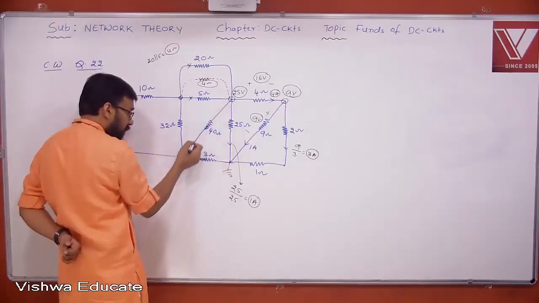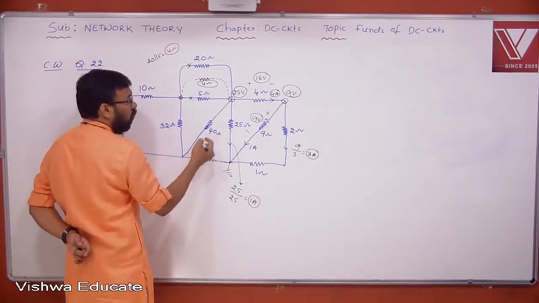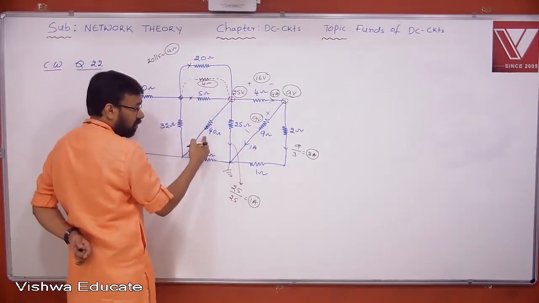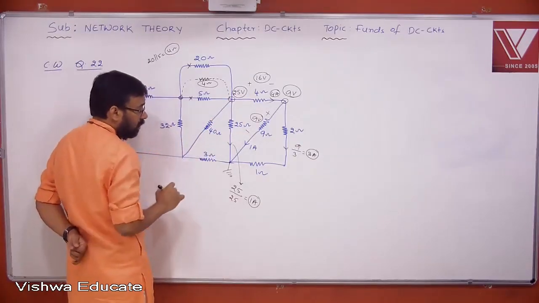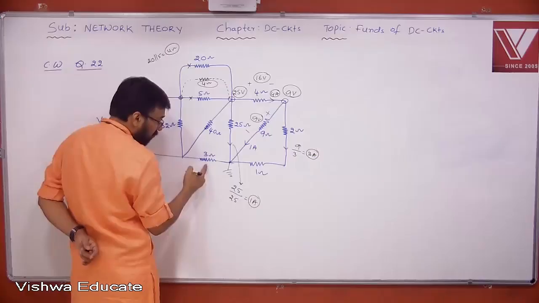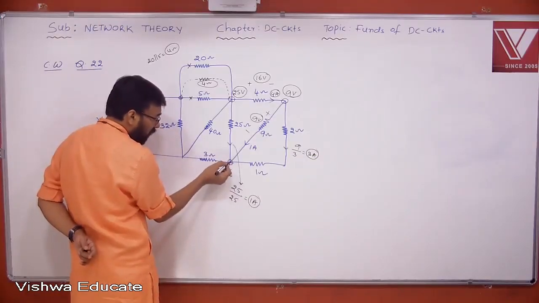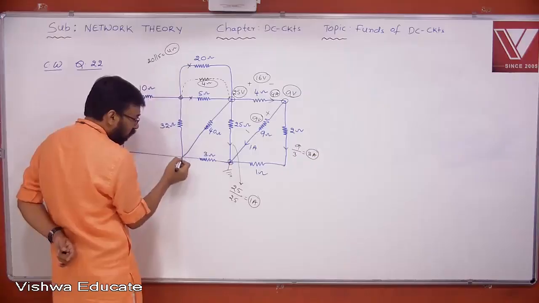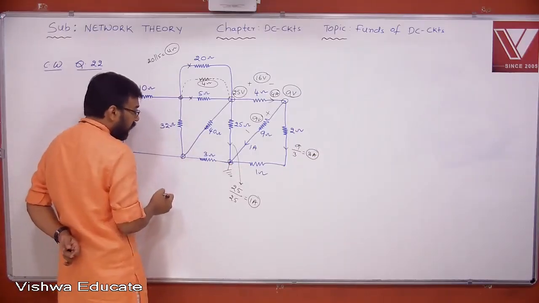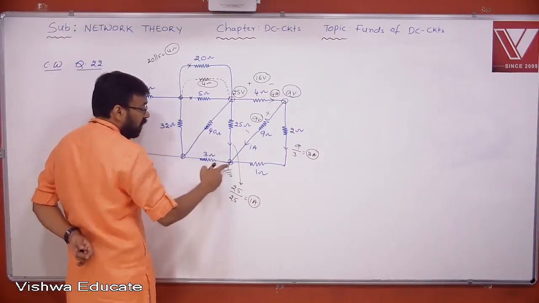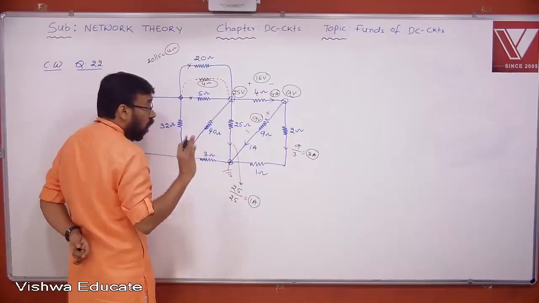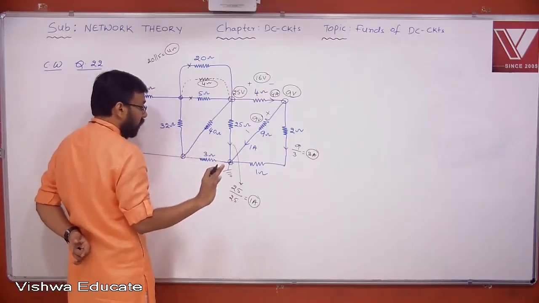And I must know the current here. What is the expression? Would you like to take 25 by 40? No, because there is a resistor. Therefore, the voltage at this point is 0. It does not mean that the voltage here is also 0. Definitely not, because this point and this point are not operating at the same potentials.